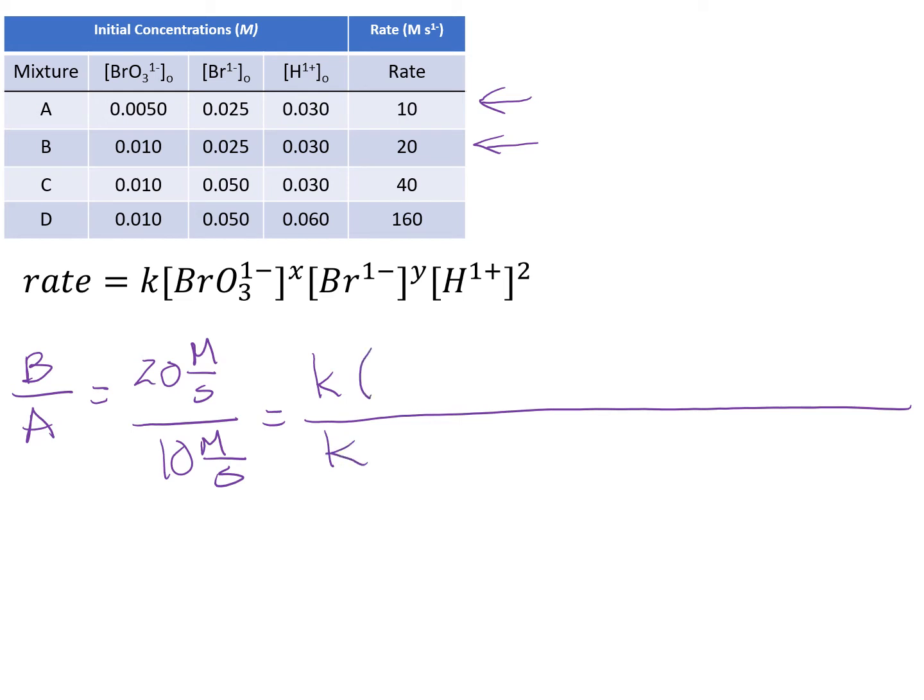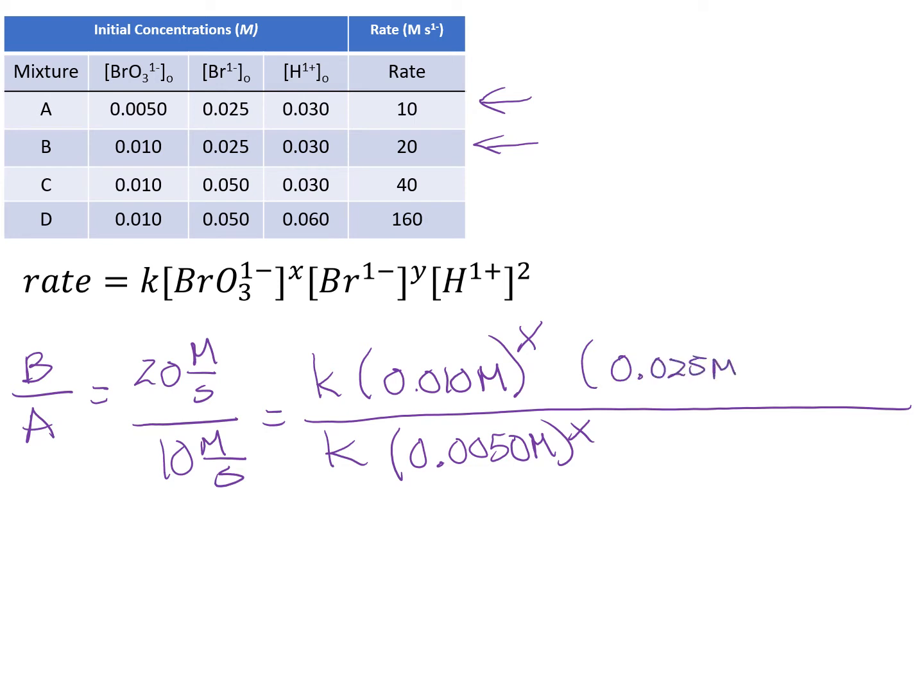Then my concentration in B for the bromate is 0.010 molar raised to the X power. And in experiment A, it was 0.0050 molar raised to the X. My bromide concentration is 0.025 molar raised to the Y. We don't know that yet.